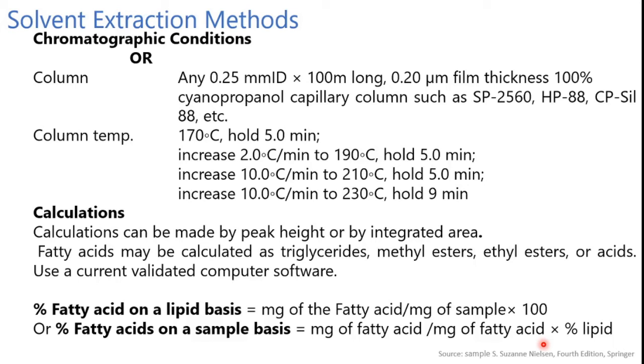After that, we increase the temperature by 2 degrees Celsius per minute from 170 to 190 degrees Celsius and hold for 5 minutes. After that, we increase the temperature by 10 degrees Celsius per minute to 210 degrees Celsius and hold for 5 minutes. Again we increase the temperature by 10 degrees Celsius per minute up to 230 degrees Celsius and hold for 9 minutes.